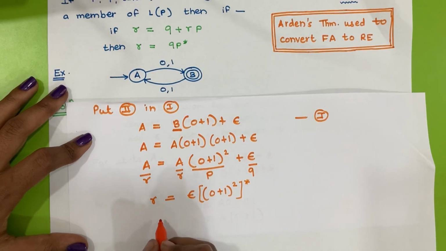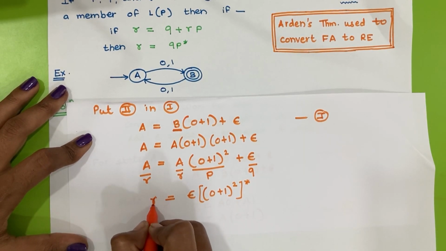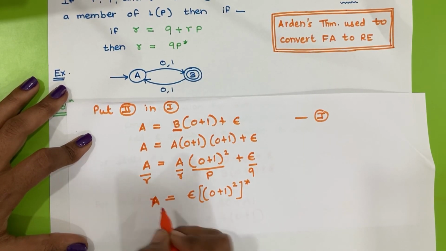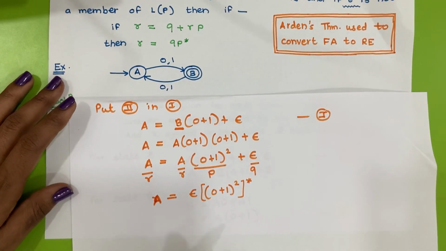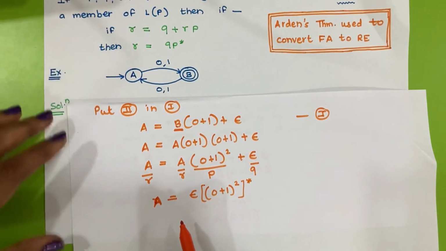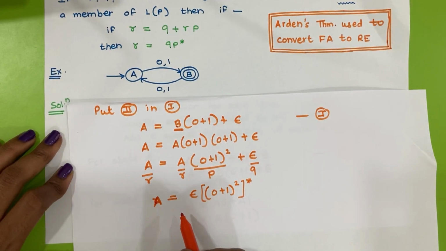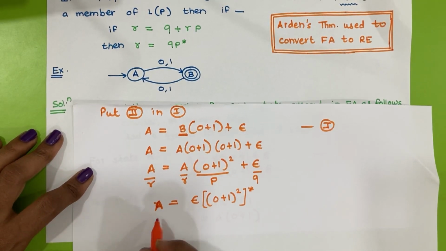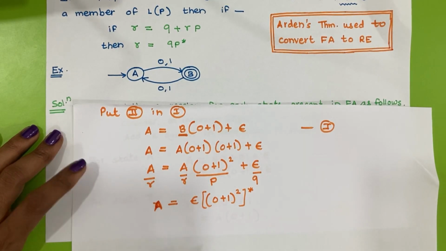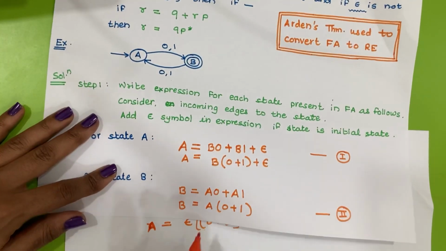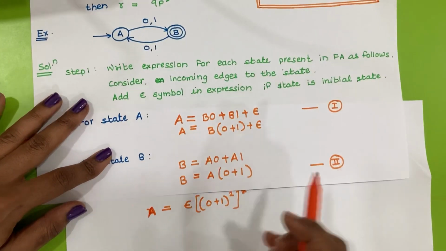So this will be A instead of R. This is A for us. So I have got the value of A here. Now we can put the value of A in B, because B is in terms of A only.